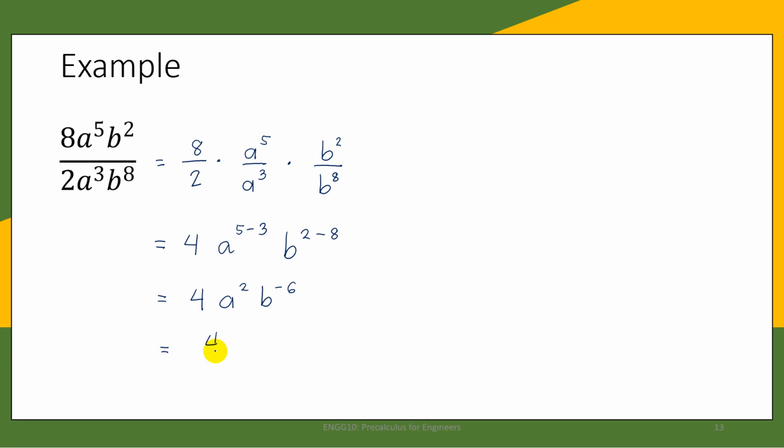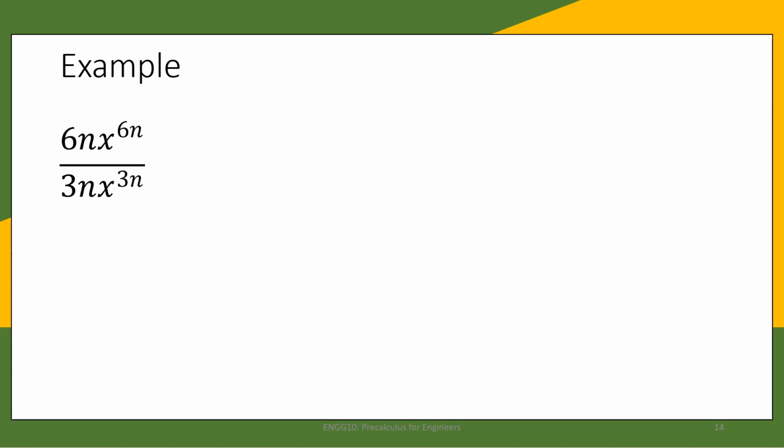So we have 4a squared all over b raised to 6. You see, the negative exponent, when written in the denominator, is now a positive exponent. So our answer for the problem is 4a squared all over b raised to 6.